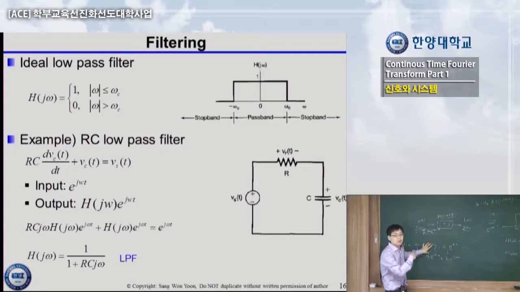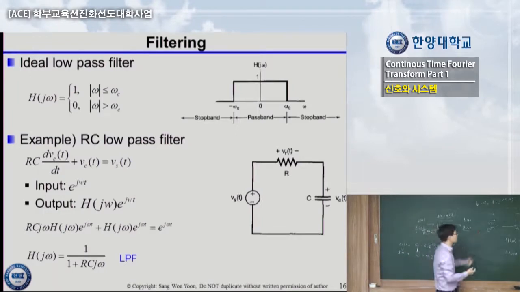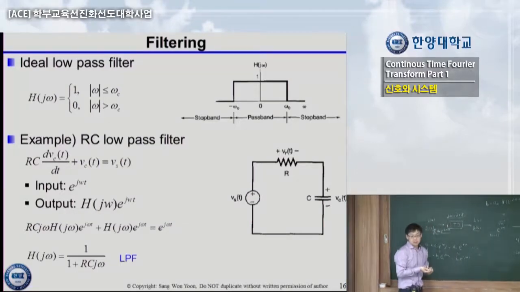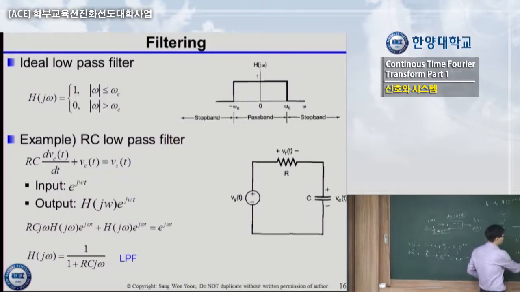You got it? So when you have an input, you can separate it into individual components. If you see this input, this is the case where k equals 1, right? So if you only put this in, the output will come like this. And the output has this relationship: as these two are the same, a1 will be 1, and bk will be a1 times H(j omega), which, when ak is 1, means H(j omega) will be bk.